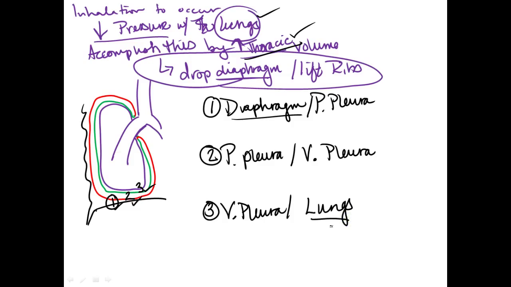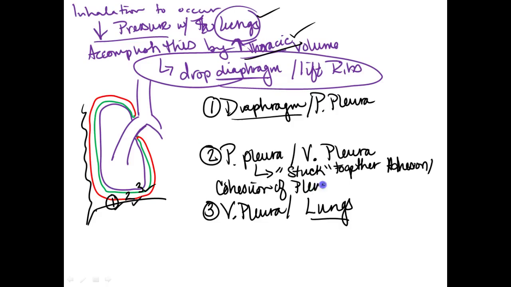Well, we already have explained one of these, if you recall. In the last lecture, we explained that the parietal pleura and the visceral pleura were basically stuck together, thanks to the adhesion and cohesion of the pleural fluid.